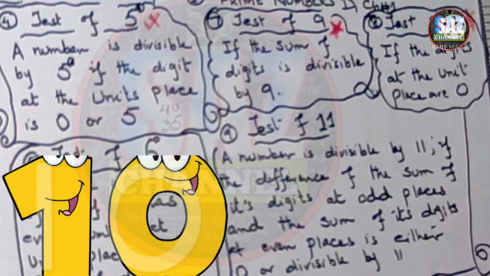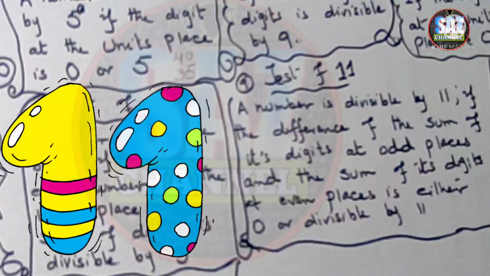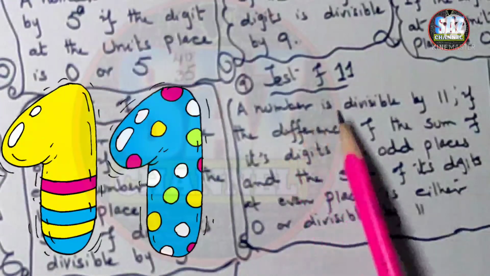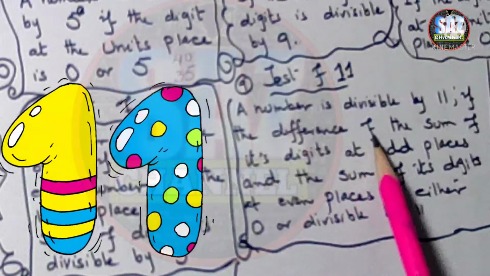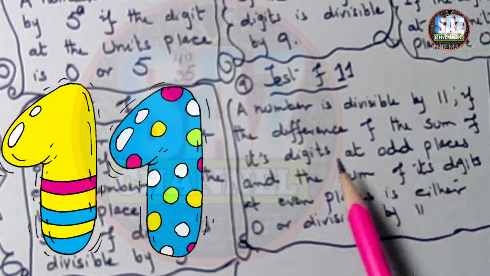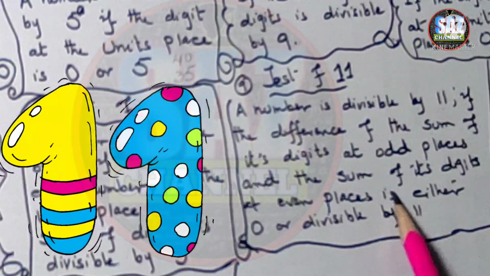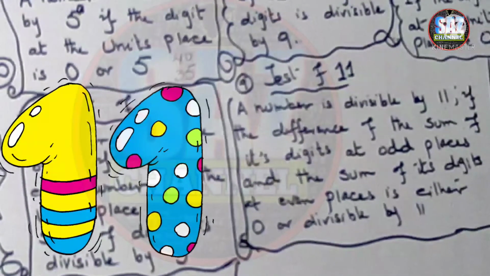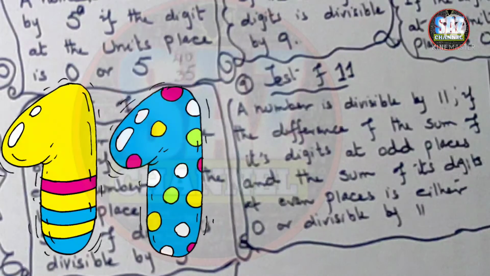Okay, and moving to the divisibility test of 11, let's try to understand this test. A number is divisible by 11 if the difference of the sum of its digits at the odd places and the sum of its digits at the even places is either 0 or divisible by 11. Let's try to understand this test once again.